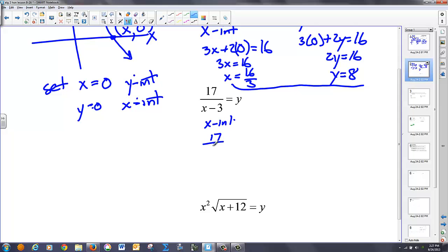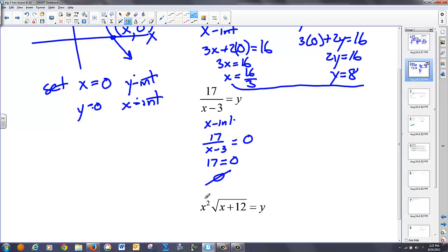Therefore, I have 17 over x minus 3 is equal to 0. So this brings up a special case because I need to solve for x, in which case I multiply x minus 3 to both sides of the equation. In doing so, I have 17 then equals 0.